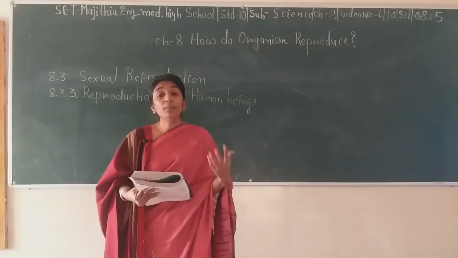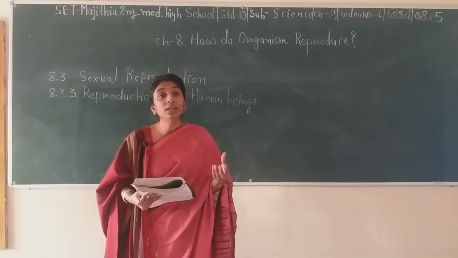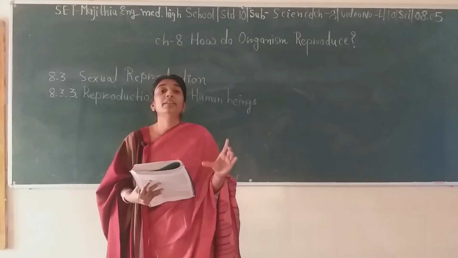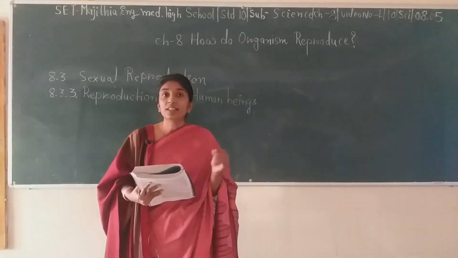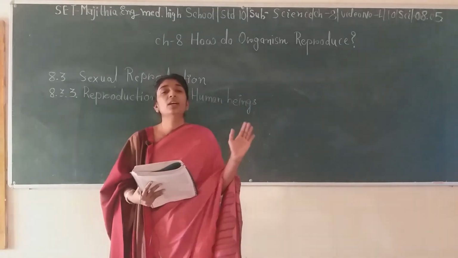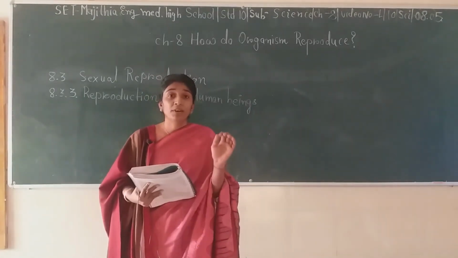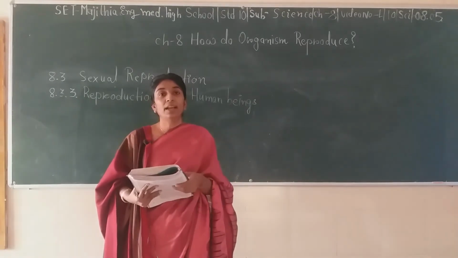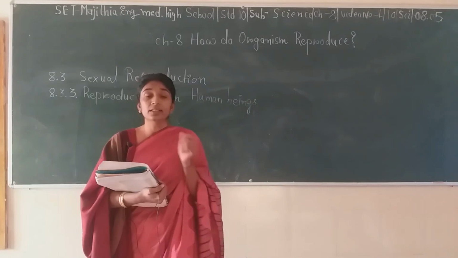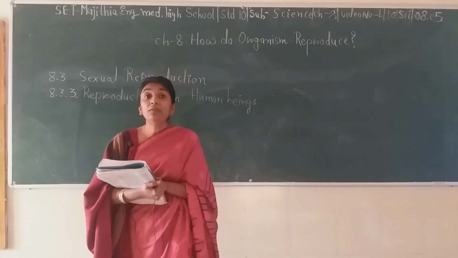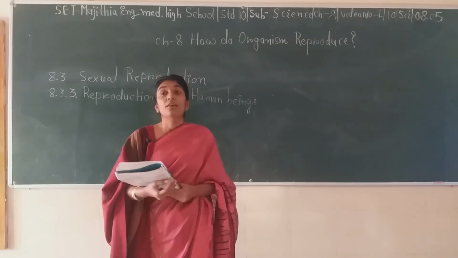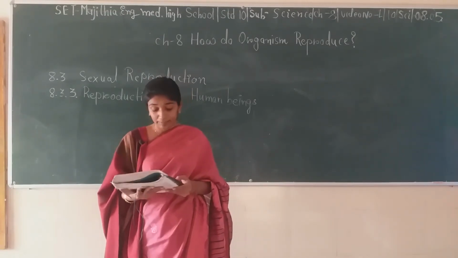But certain groups of people think that a boy child is good and a girl child is not so good, because they need to give dowry and so on. So they prefer a male child. What happens is that they practice feticide on the female child, and therefore there is an imbalance in the ratio of male and female, which is a matter of concern.